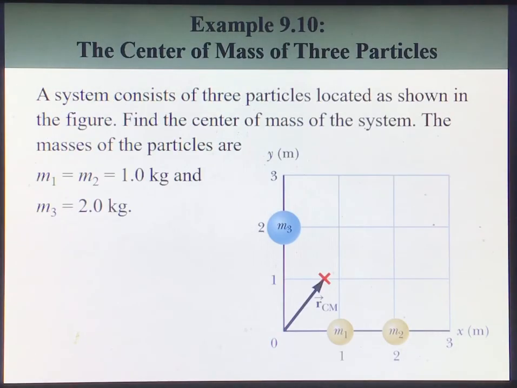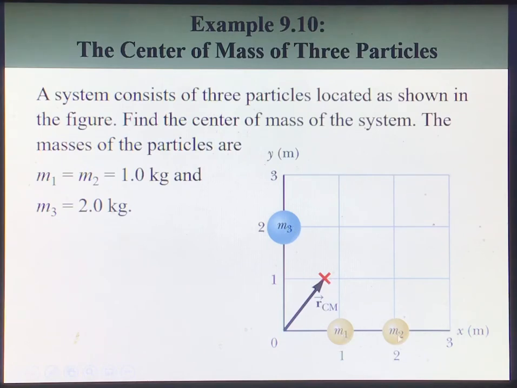All right. So now let's look at one example here. This is example number 9.10. We want to calculate the center of mass of 3 particles. Suppose that we have a system that consists of 3 particles located as shown in the figure, and we want to find the center of mass of the system. We have 3 particles, M1, M2, and M3.